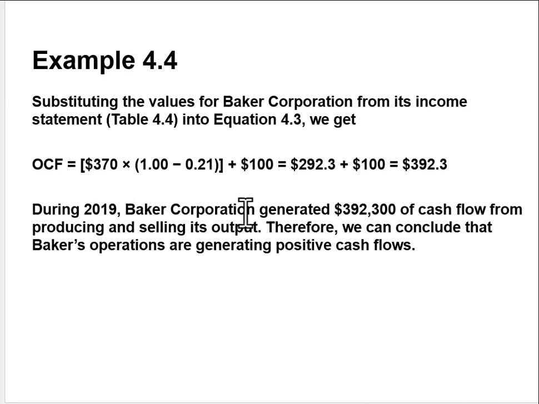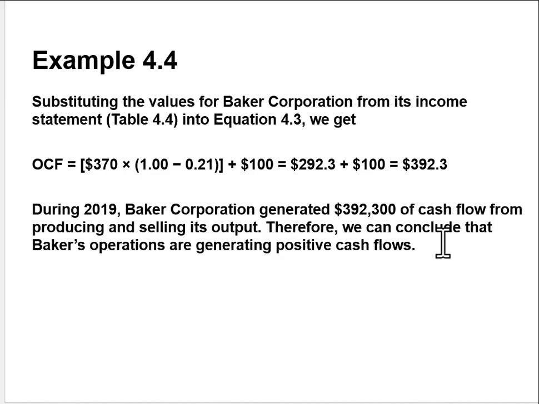So let's see, we have this example from Baker. If you go back and look at the financial statements, we end up with $370 as the EBIT. Multiply that by 1 minus 21%, add the depreciation.